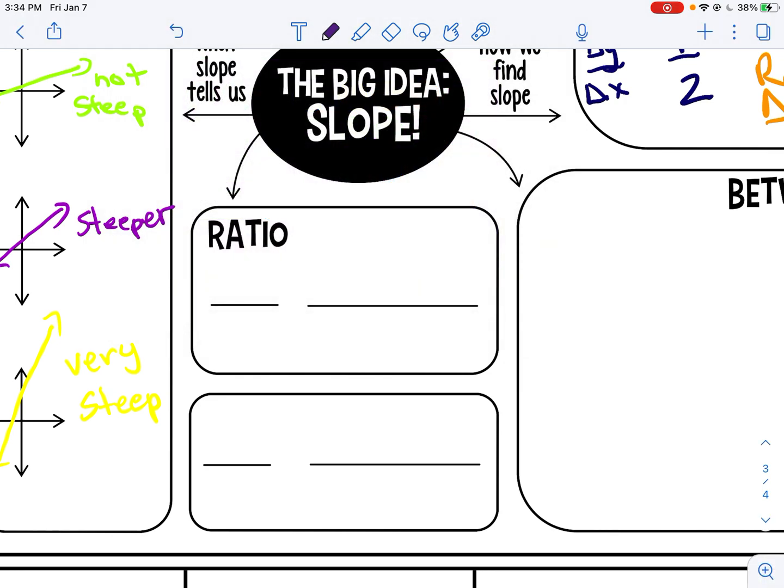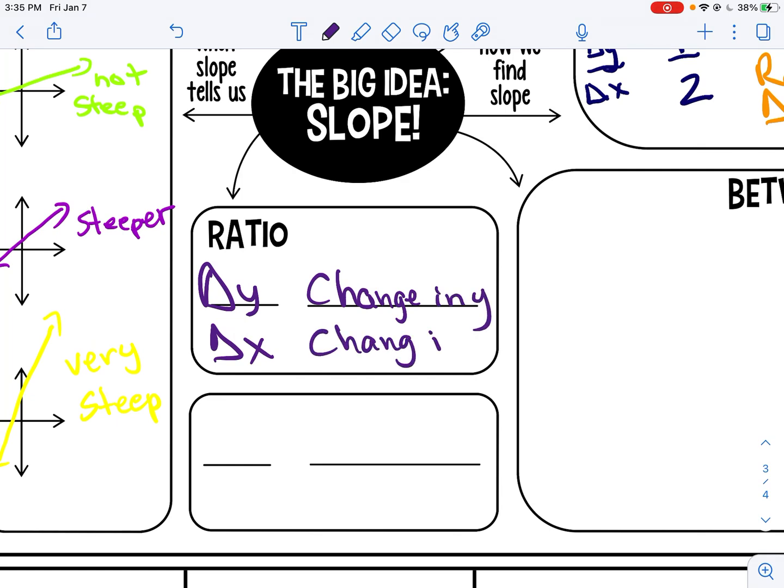I've kind of already talked about it. It's the change in y over the change in x.